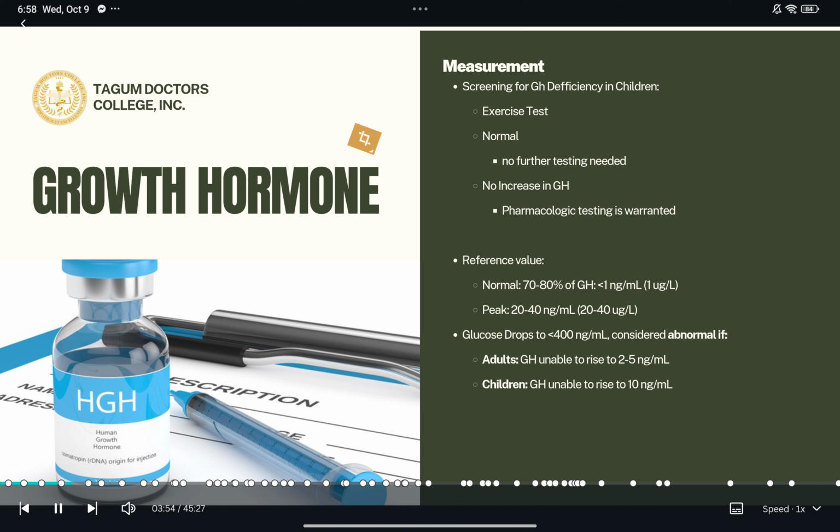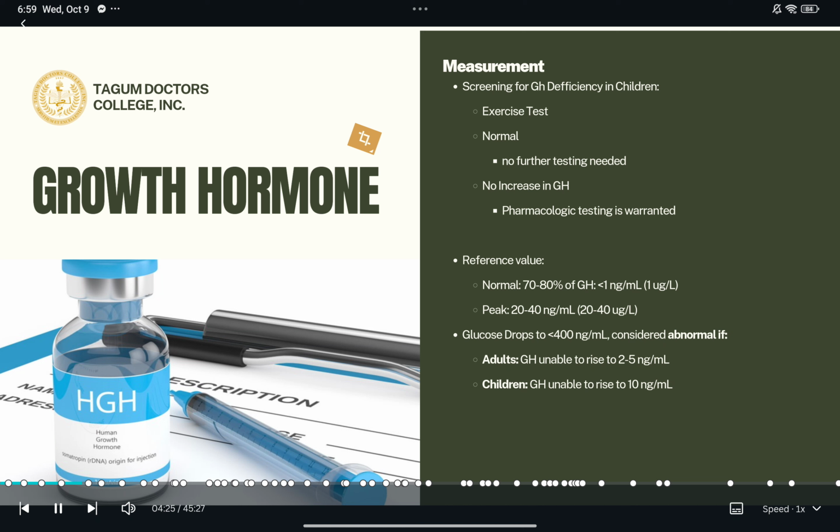For this would be 70 to 80% of our growth hormone, and it peaks at 20 to 40 microgram per liter. If the blood sugar drops to less than 40 milligram per deciliter, this could be considered abnormal if in adults it does not stimulate a rise of 2 to 5 nanogram per ml, or if in children it does not stimulate a rise of 10 nanogram per ml.